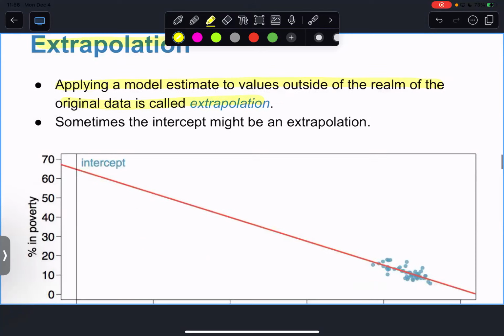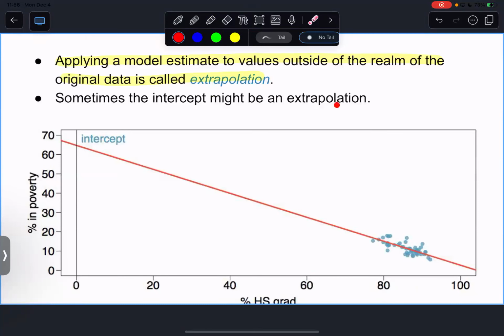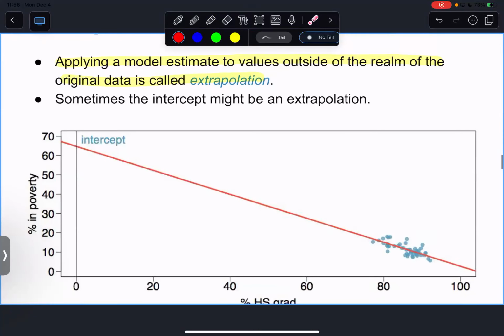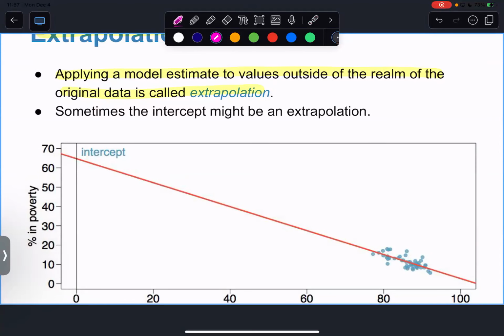Sometimes, well, one, the intercept might be an extrapolation. Sometimes it's our best guess, right? We don't have anything else, and so sometimes it's what we have to do. Okay? But in general, our predictions are not reliable when we extrapolate.